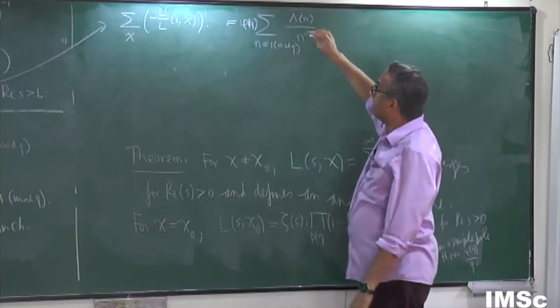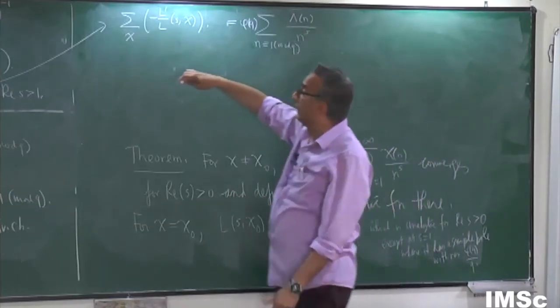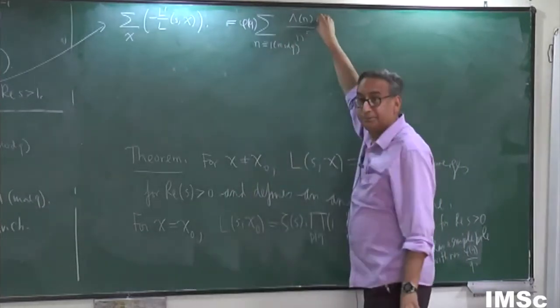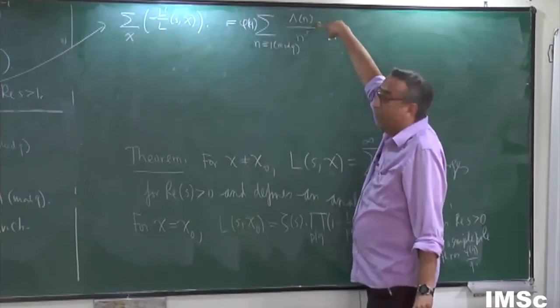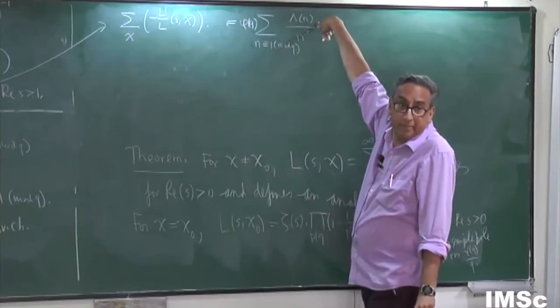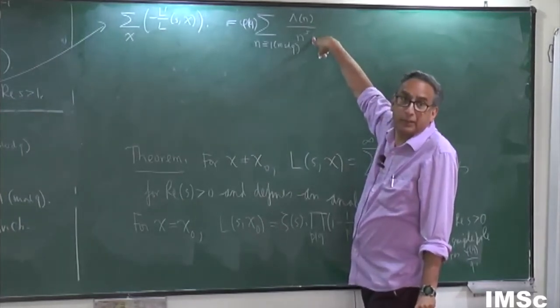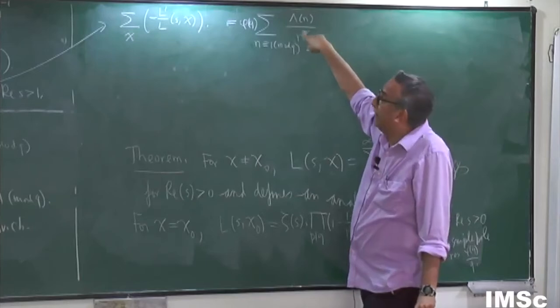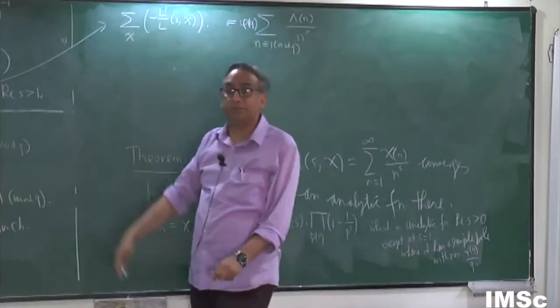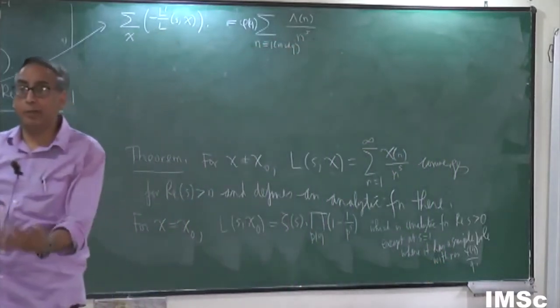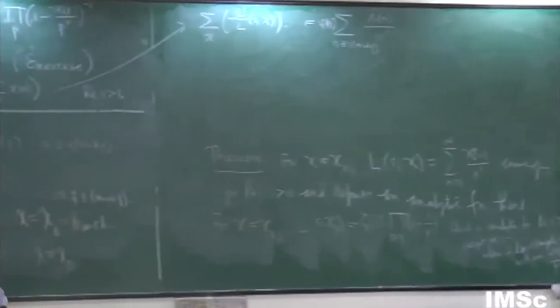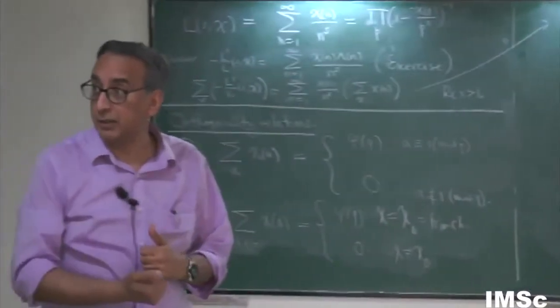Now, this is a Dirichlet series with non-negative coefficients, has an analytic continuation to real part of s greater than or equal to 1. The left-hand side certainly has an analytic continuation for real part of s strictly bigger than 1.